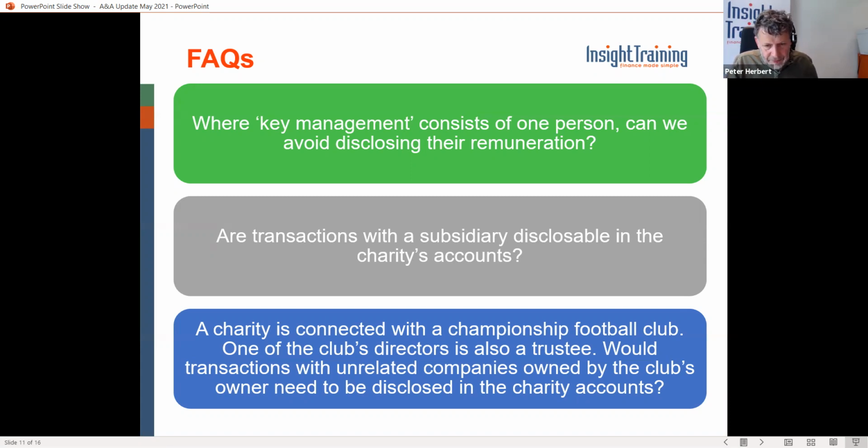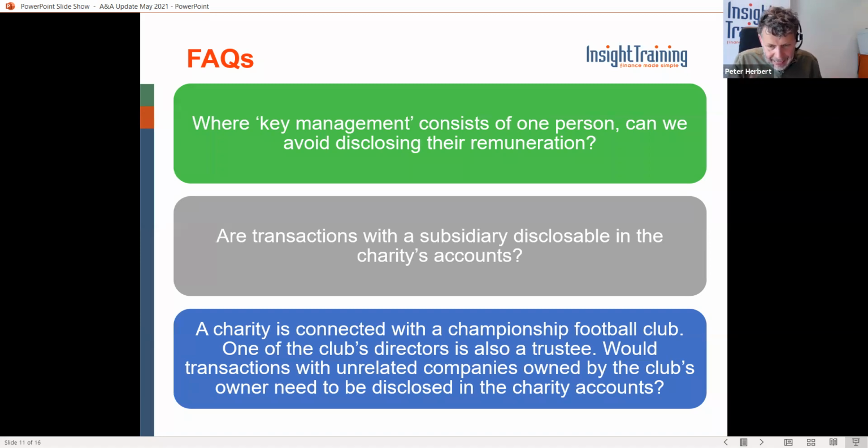Well, I think in terms of the way that one works, I would say that transactions between the club and the charity would definitely require disclosure, because I would say that in that particular situation, the club itself is what the charity SORP would refer to as an entity related party. And what the SORP does, it gives a list in the glossary in terms of what they call entity related parties and also what they call natural person related parties.